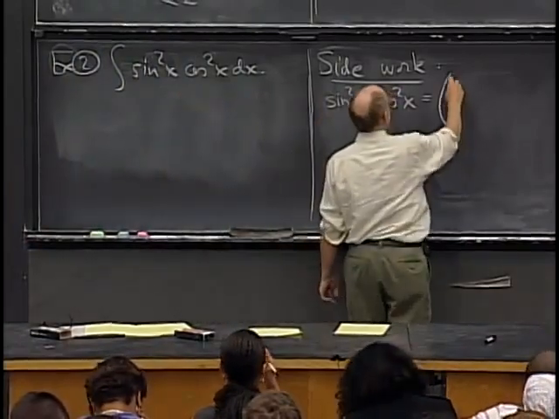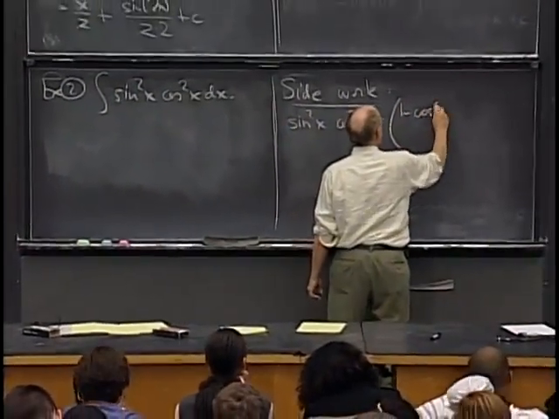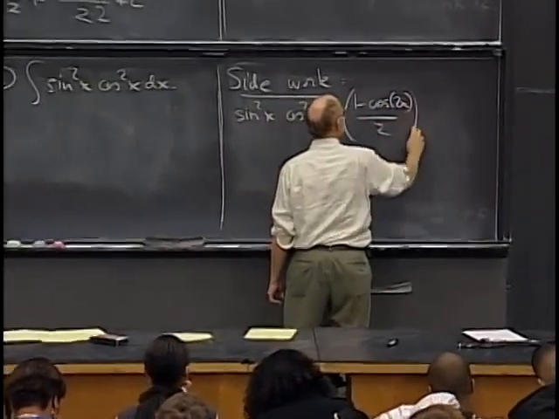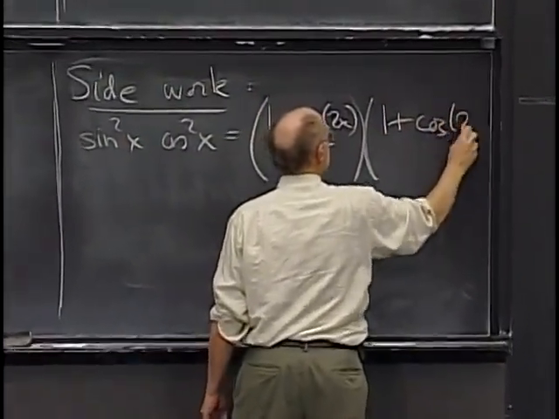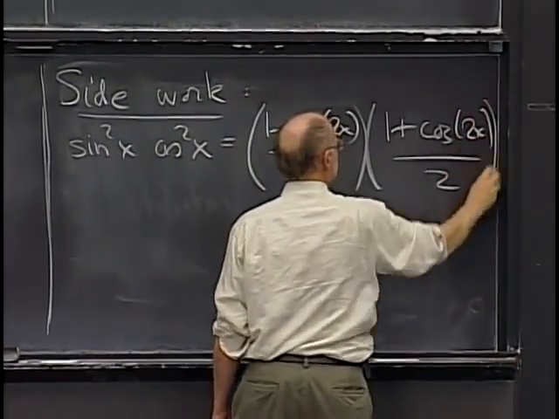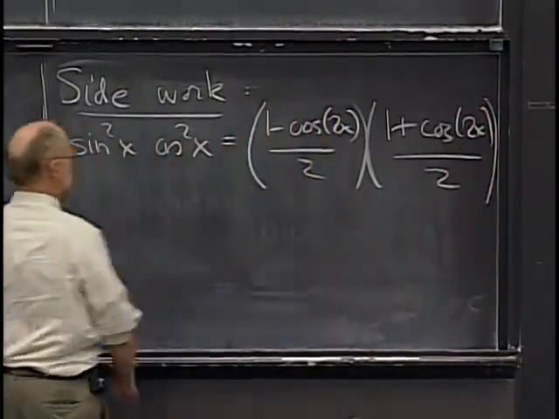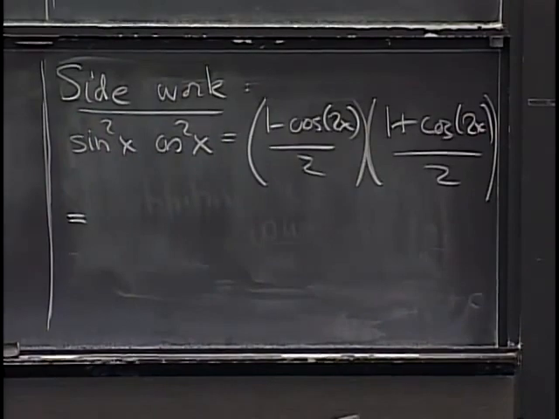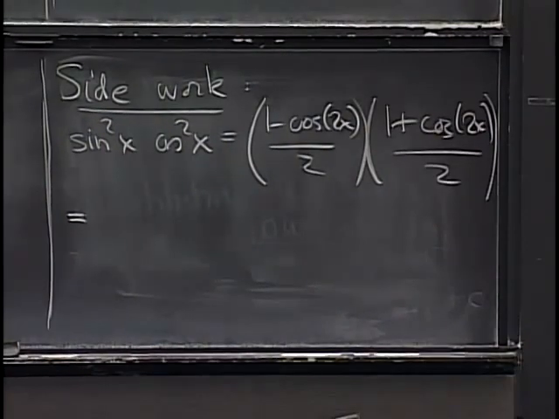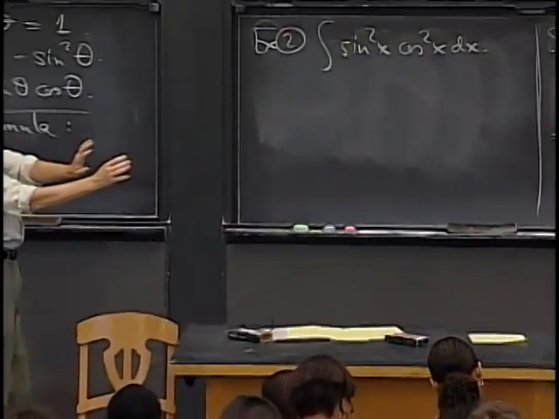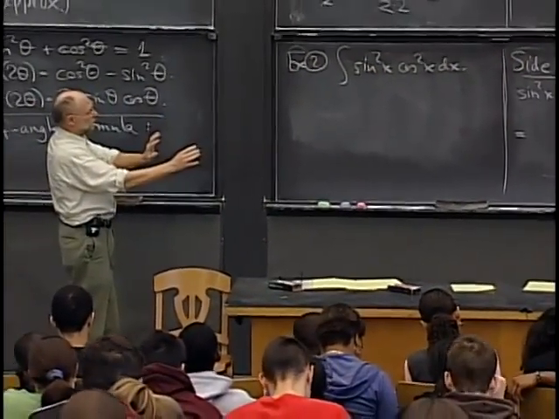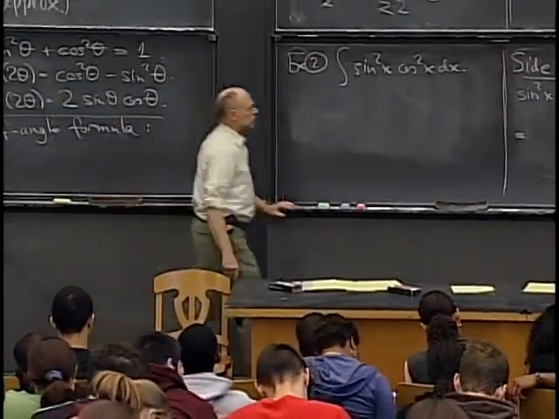So the sine squared is 1 minus the cosine of 2x over 2, and the cosine squared is 1 plus the cosine of 2x over 2. So I just substitute them in, and now I can multiply that out, and what I have is a difference times a sum. So you know a formula for that.